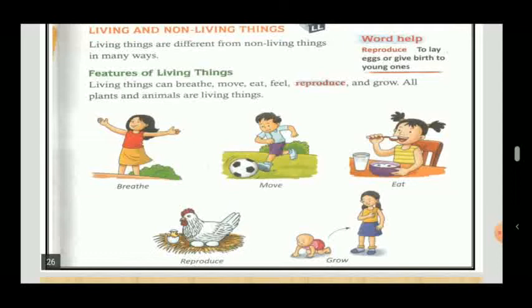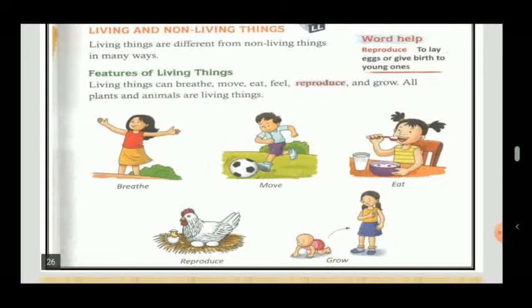Features of living things. Living things can breathe, like one girl is breathing in the picture. They can move, like one boy is playing with a basketball. You can see the ball moved by the boy. The boy can move whereas the ball can't move.